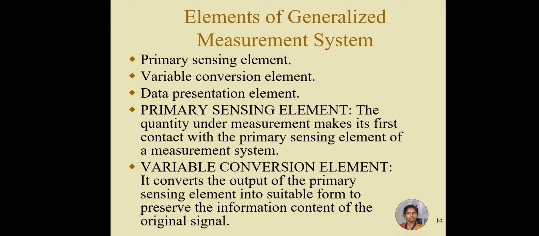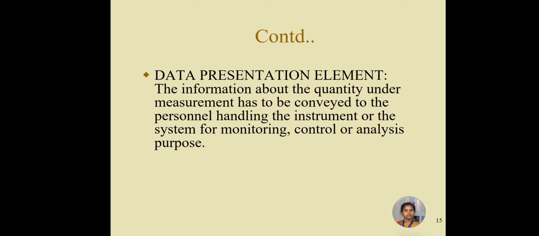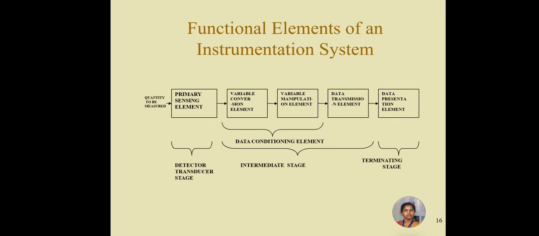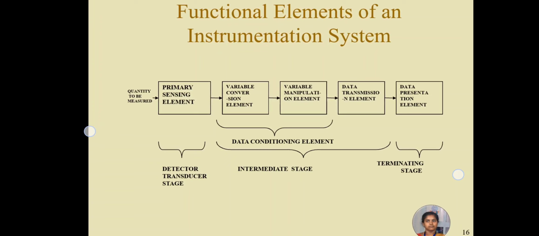The last part of the functional elements is the data presentation element. The information about the quantity under measurement has to be conveyed to the personnel handling the instrument or system for monitoring, control or analysis purposes. So the functional elements are the primary sensing element, the variable conversion element, and the data presentation element, which includes manipulation as well as data transmission.